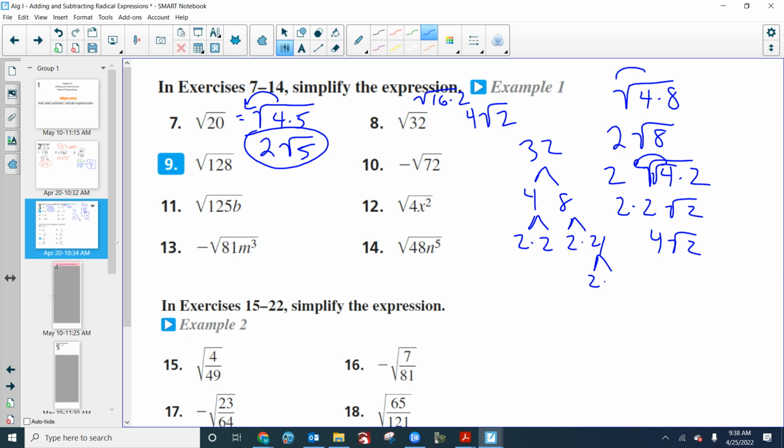And that goes to 2 and 2. So 1, 2, 3, 4, 5 twos. How many pairs? So that's 2 times 2. Radical 2 is left. And you get the answer that way.